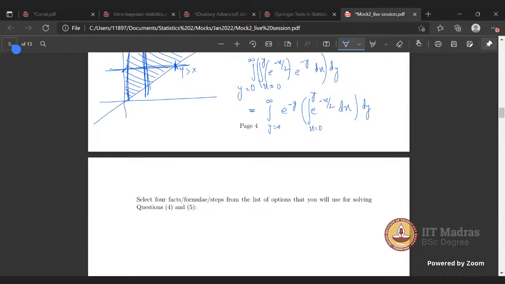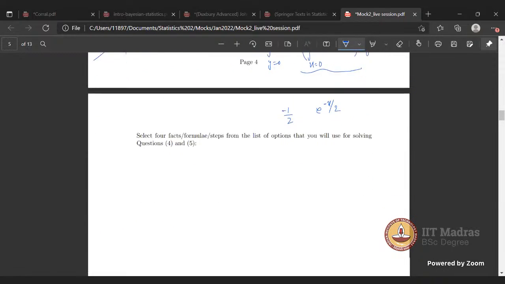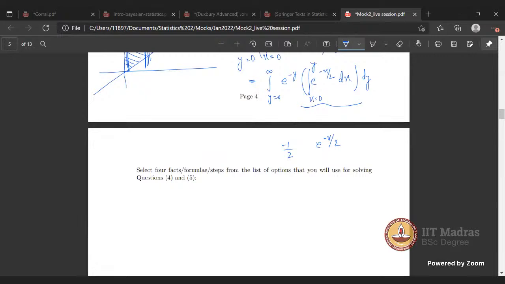Okay, if I first integrate this, what I will get is e to the power minus x by 2 with minus 1 by 2 outside. Sorry, this is 1 by 2 and this is minus 1 by 2, so it will be minus 2.